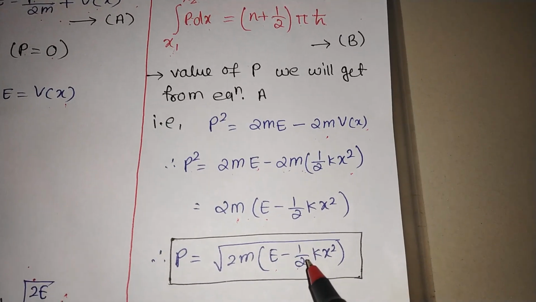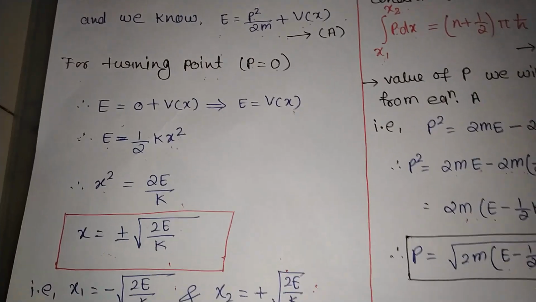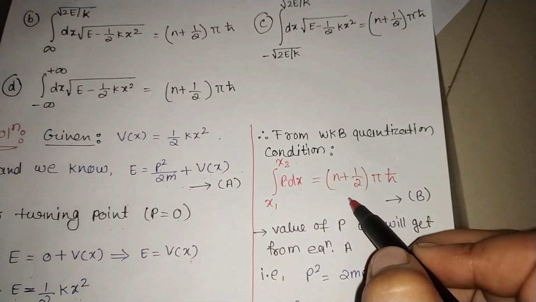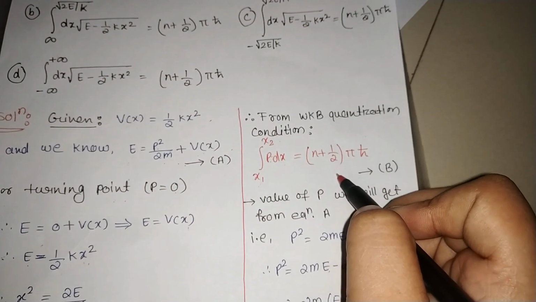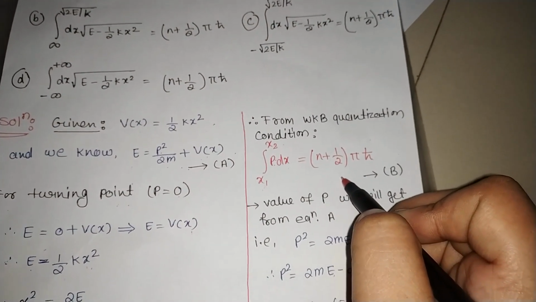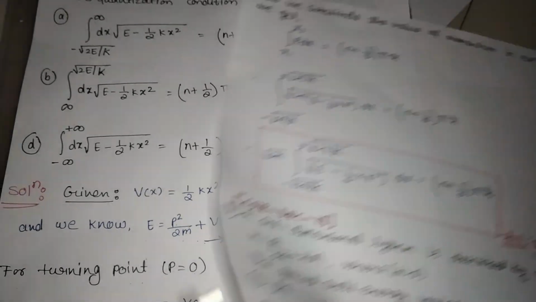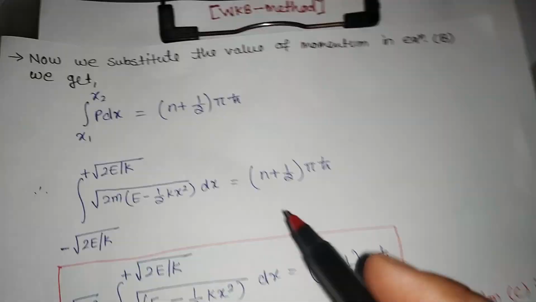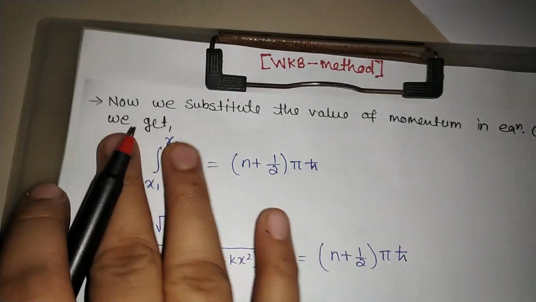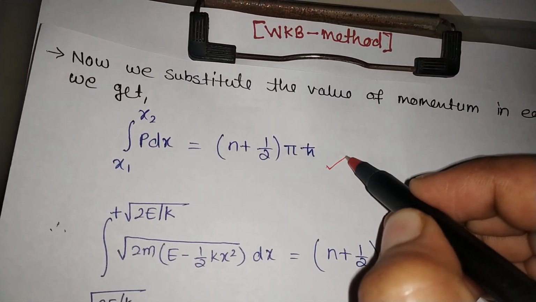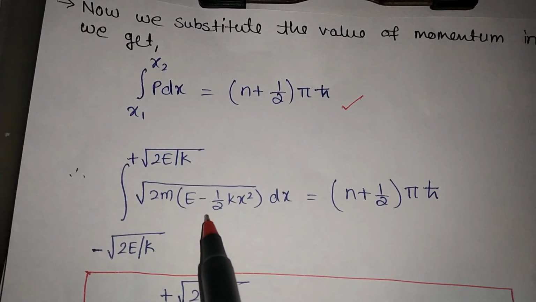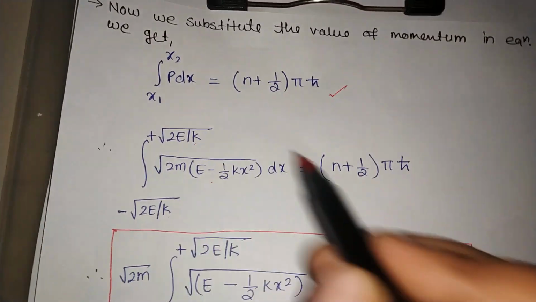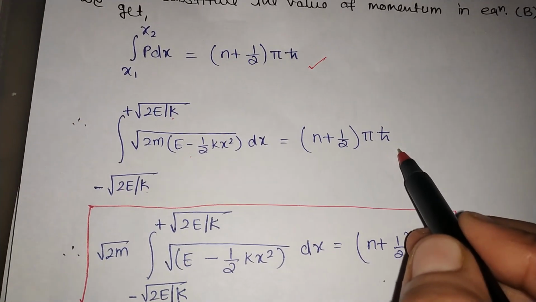Now we will substitute the lower and higher limits and this momentum value in the quantization condition, equation B, to get the answer. Here I have written the formula once again and I am substituting the values: the momentum value, the lower and higher limits, and the right hand side as it is.